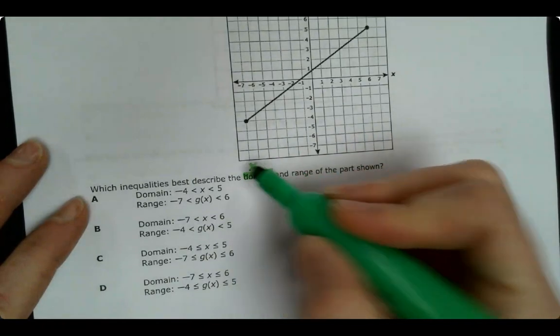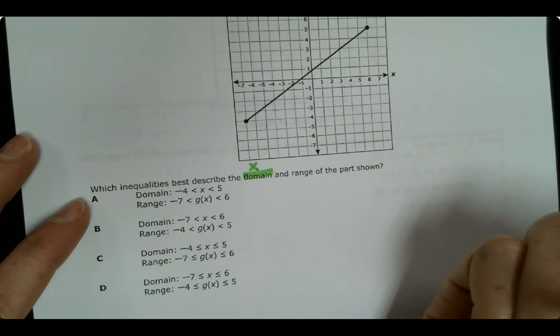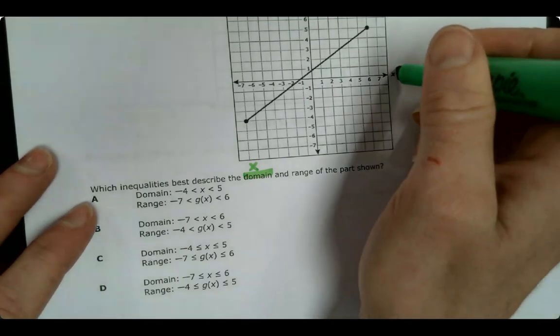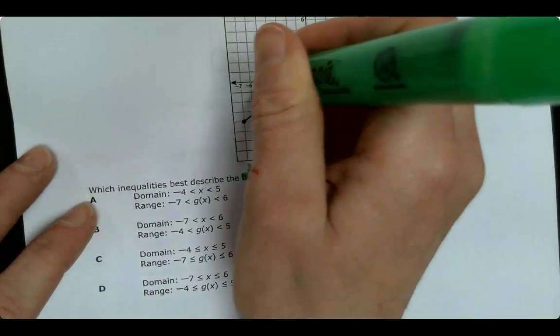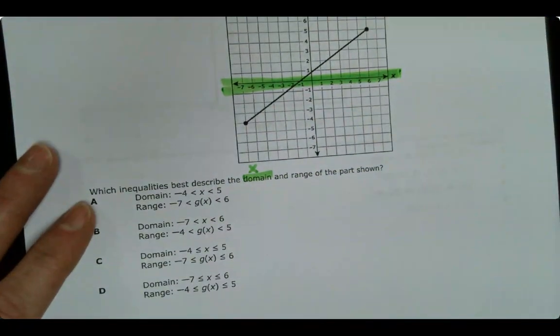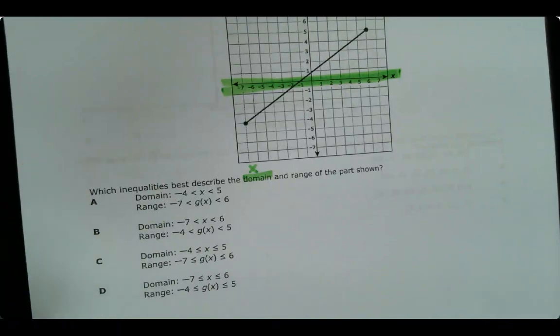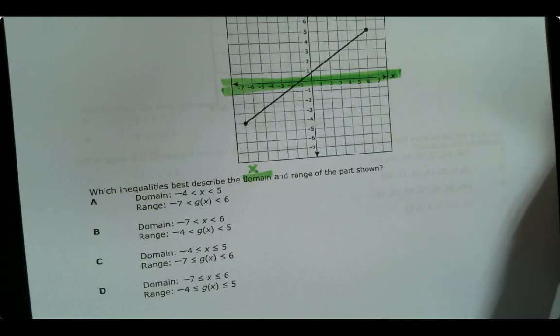Domain is the X values. The way you show work on these problems is by highlighting. I'm going to use green for domain, but you get to decide what you're going to use. So I'm going to do one at a time.